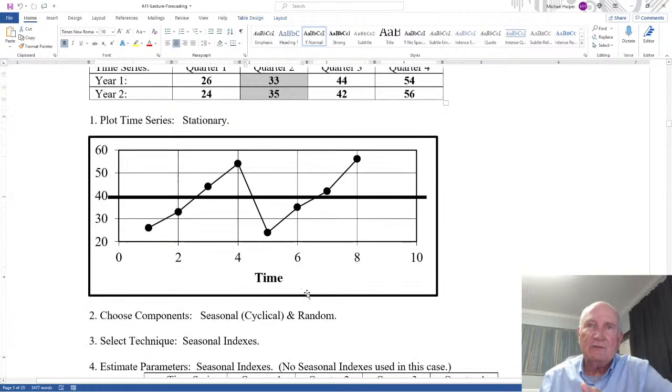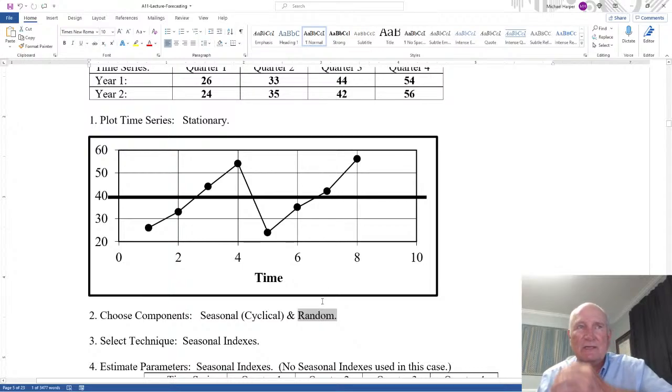Therefore, between the years, you have a random component. Therefore, variability within a year is due to a seasonal component, which is cyclical. The variability between the years is a random component because it's unexplained. So within a year, it is explained by a cyclical or seasonal component. Between the years, it's unexplained, so it's random.